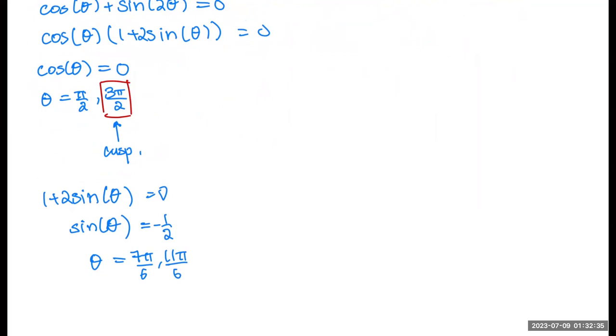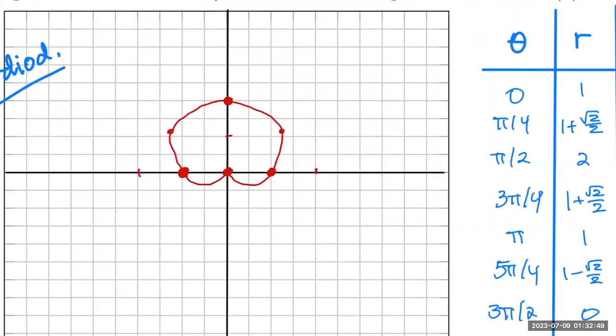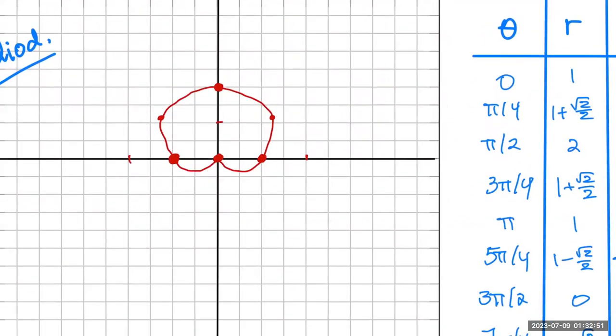So only these three values, pi over 2, 7 pi divided by 6, and 11 pi divided by 6, are the horizontal tangents, which we could probably see on the graph that we drew over here. It's tangent when it's over here, when it's over here, and when it's over here. But 3 pi divided by 2 is going to be a cusp, so it cannot be a horizontal tangent.